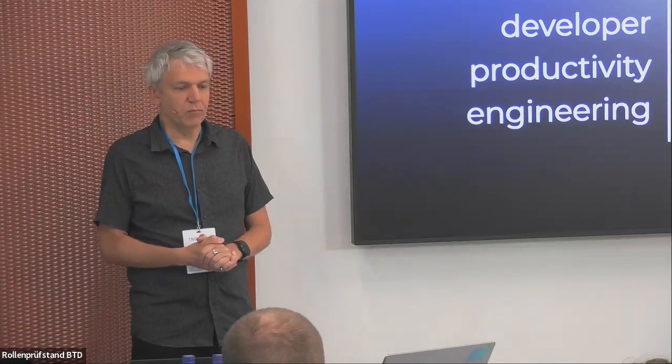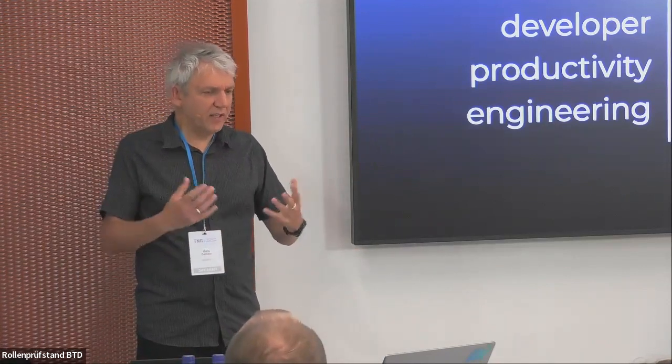Things like flaky tests, reliability, and things like that. We'll talk later about that. And then that gave us ideas: hey, there's a completely different level of problems that we can address.